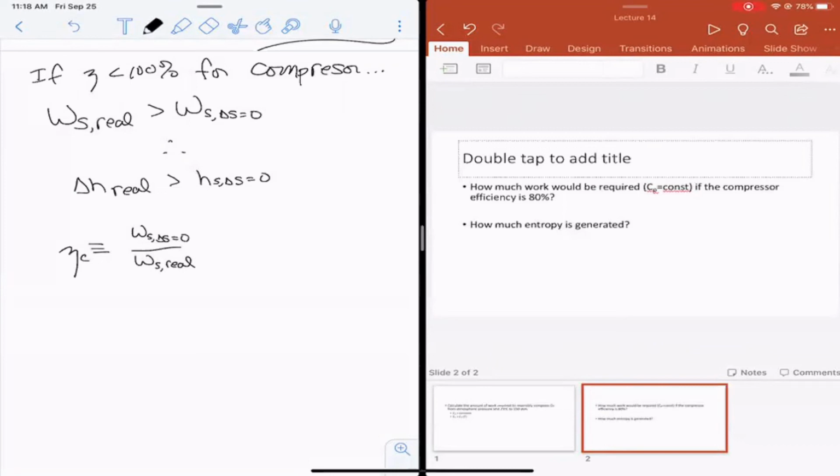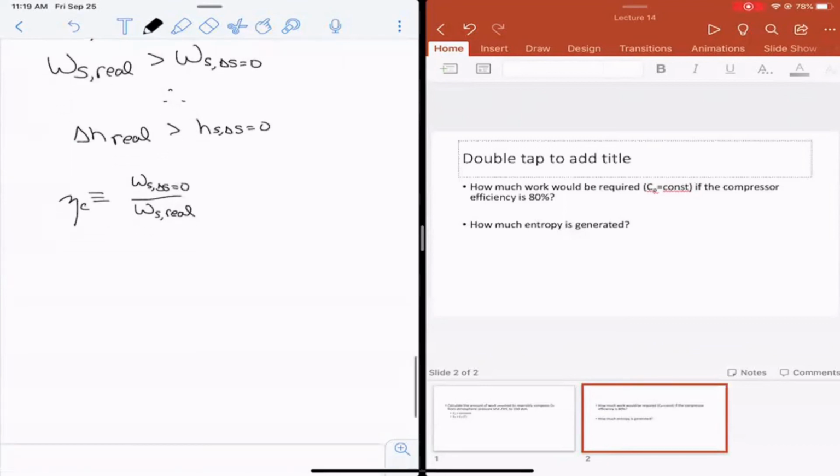Now, just writing this equation, we can already solve that first part of this question. In our previous example, how much work would be required if the compressor efficiency is 80%? Well, that's relatively straightforward. The shaft work in the real case would be equal to the isentropic, or reversible adiabatic, case divided by the efficiency of the compressor.